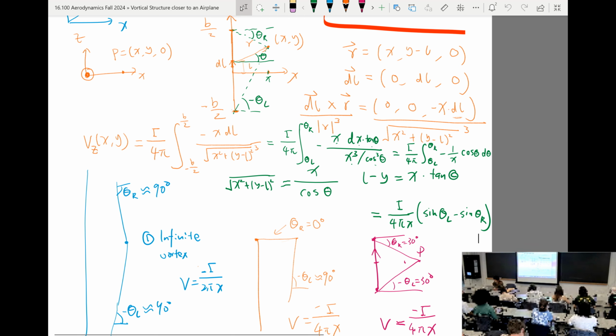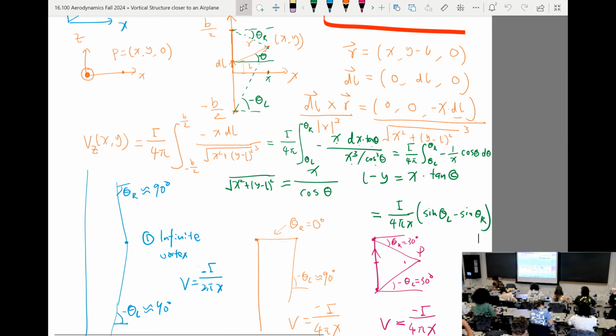Agreed? So dl would be dx times tangent theta, and the cube of this thing would be cube of x divided by cube of cosine theta.